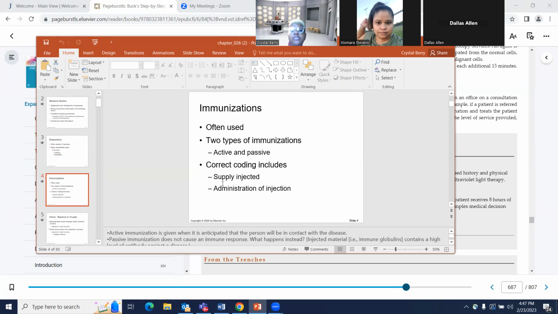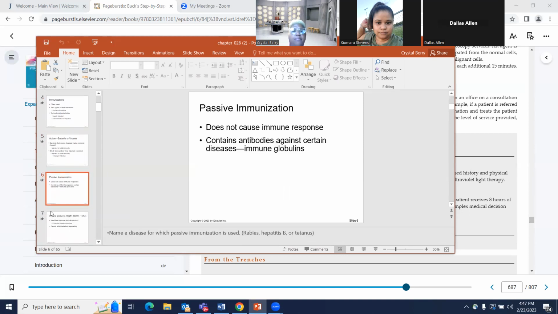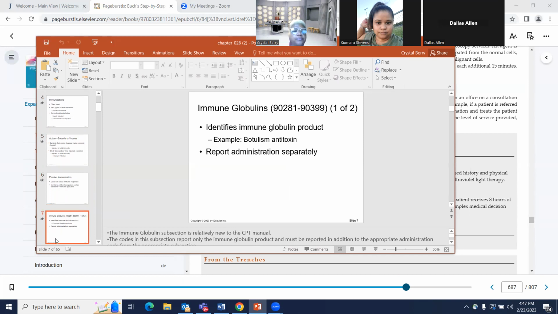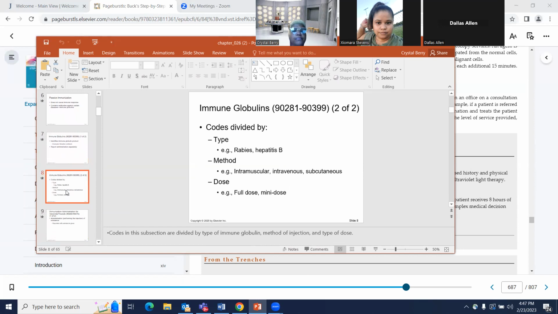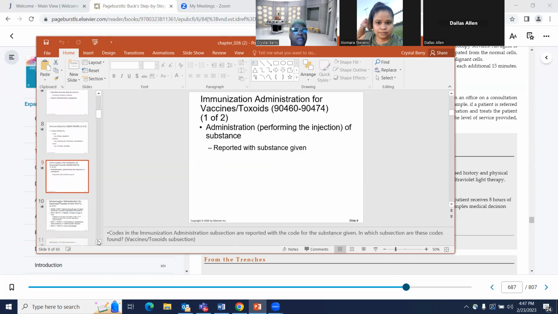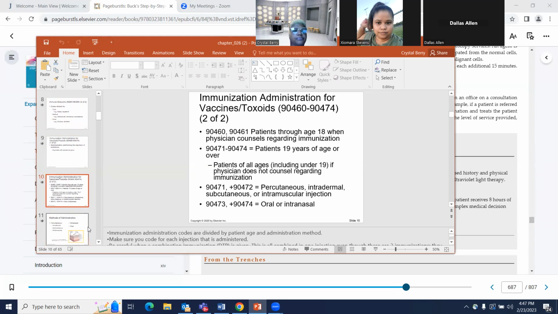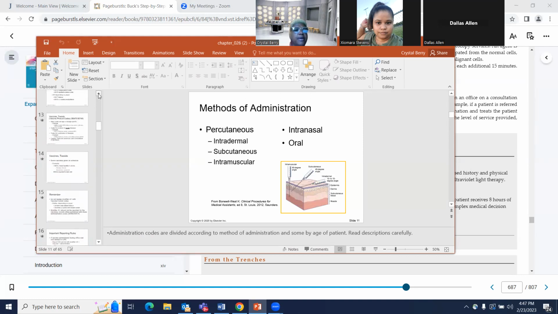Correct coding includes supply injected, administration of injection, active, bacteria or viruses. So please read your PowerPoint slides. Very, very important and helpful for you. We went over all of this.